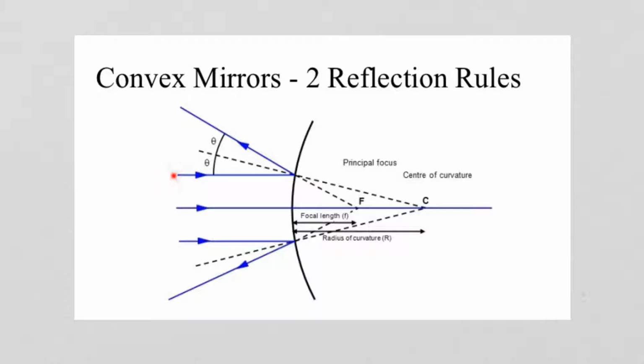Notice that incident rays parallel to the principal axis reflect in such a way that if you extend the ray behind the mirror, because remember, all of our interesting values associated with mirrors are behind the mirror now, and the rays don't actually go there, so we have to extend things backwards. If we extend the reflected ray, it would go through the focal point. So that's our first reflection rule.